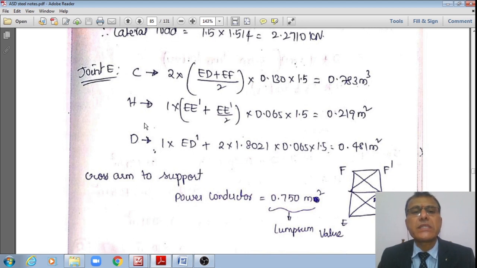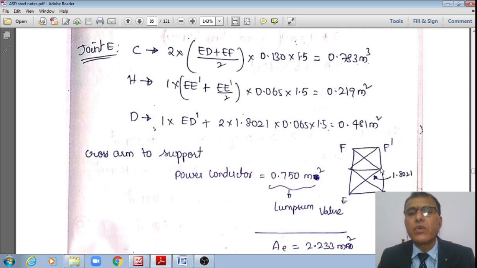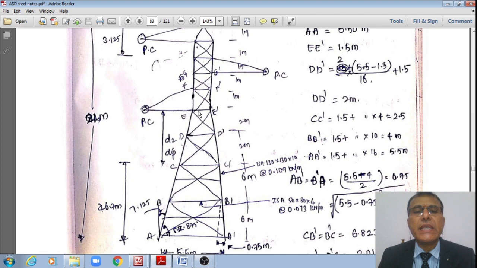And horizontals, if I go to that, the horizontals are there like this, EE prime. Let me go back, here EE prime. Actually this is EE, this is FF. Therefore this one plus half of this will come to this EE, and this half will go to this FF.